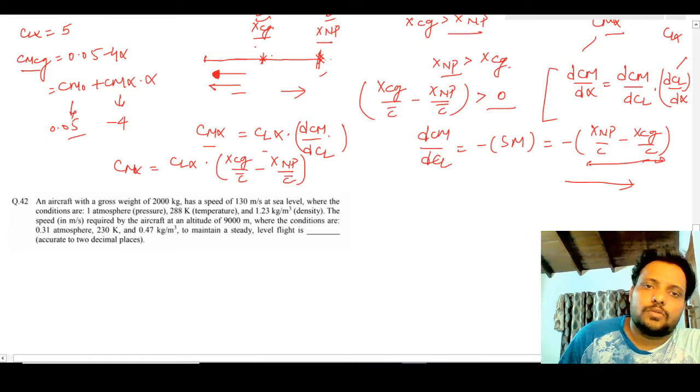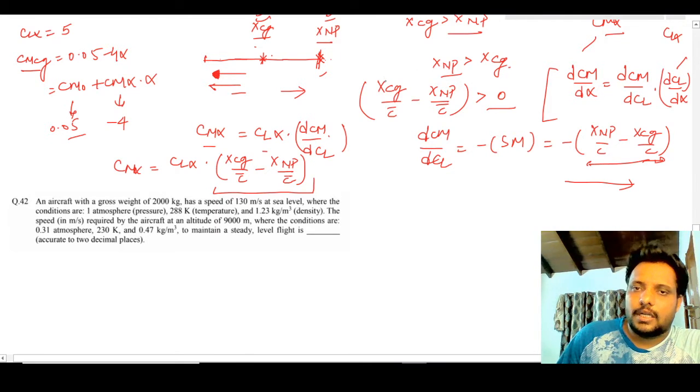We need to find this, and we have already discussed that for this particular problem, where the sign convention is from right to left, XCG by c bar minus XNP by c bar is going to be positive.